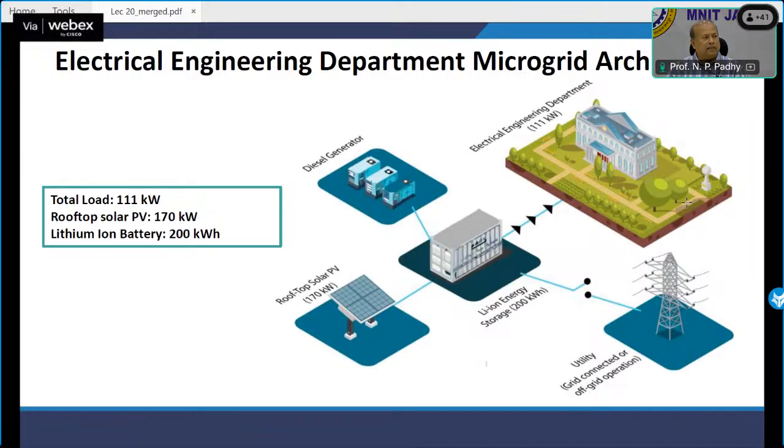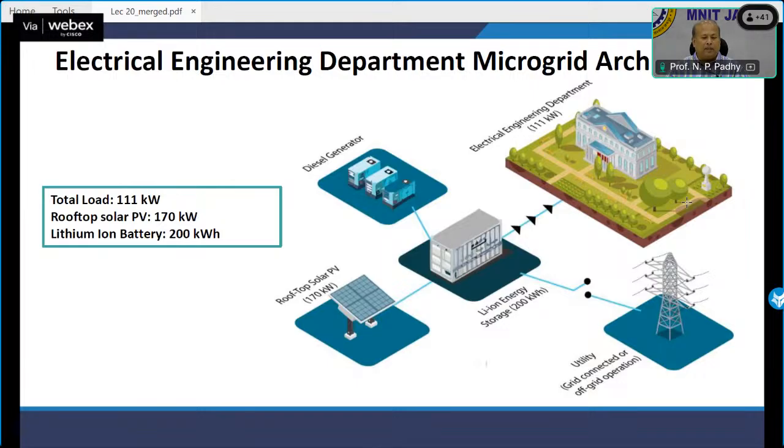Our electrical engineering department has access to the diesel generators, the rooftop solar, the main grid, and also the battery. So there are four different types of sources available which can be catered to the department.